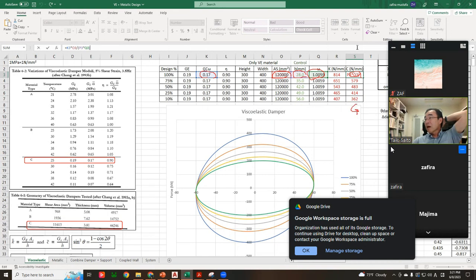Anyway, you are dividing by omega. So this value doesn't change if you use another omega. These two values don't change. Nothing to do with omega, right?